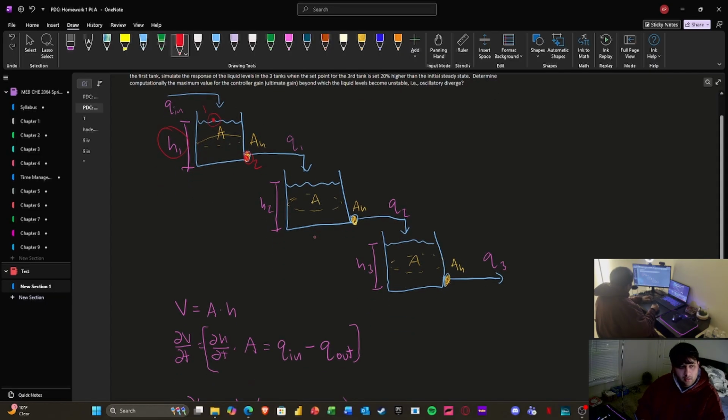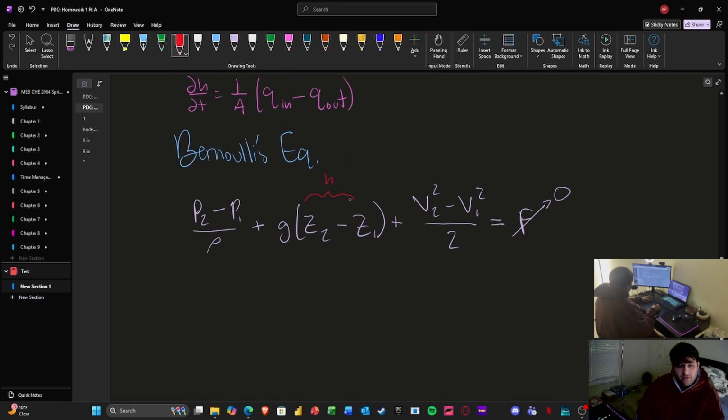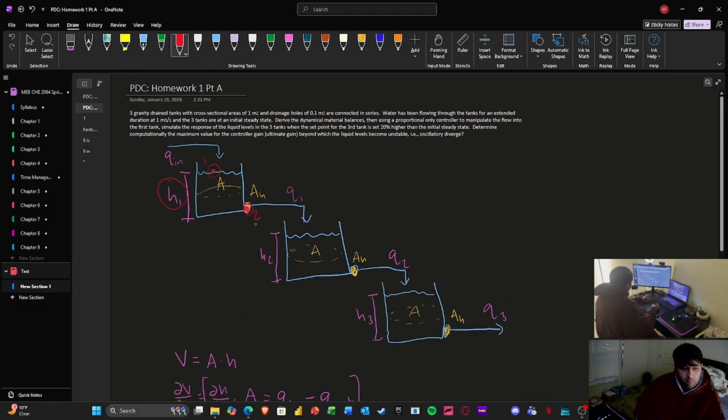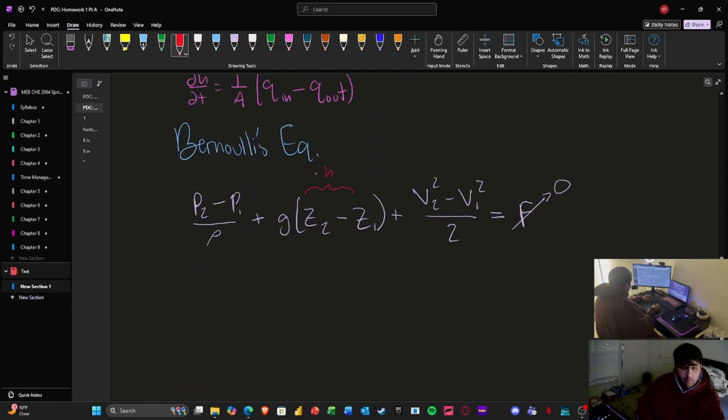So this Z1 and Z2 is going to be the height. However, we notice that it's the bottom minus the top, which is like doing 1 minus 2. So it's going to be negative, and this will pan out later on in the governing equation.